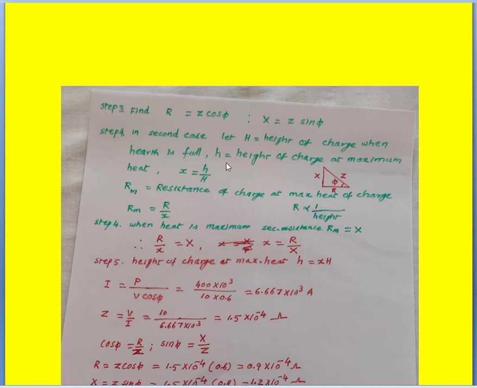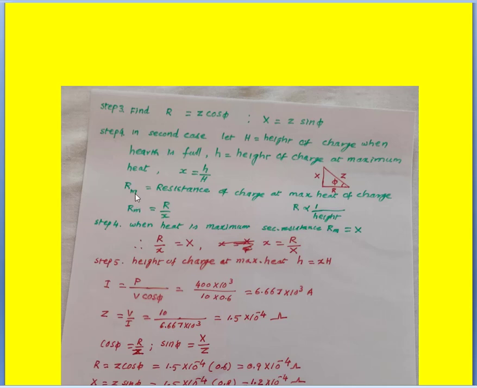The ratio between them is written as small x is equal to small h divided by capital H. When the charge is kept at the beginning, the height of the charge will be more, but when it melts, its height reduces. So this h is always less than this capital H.